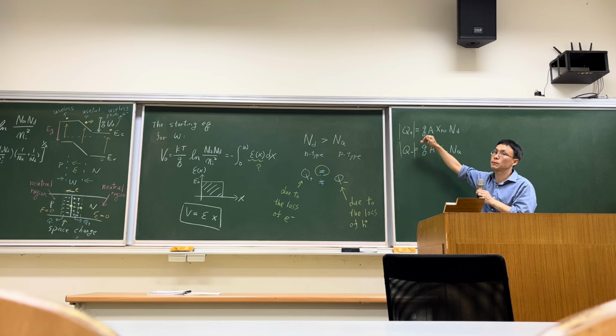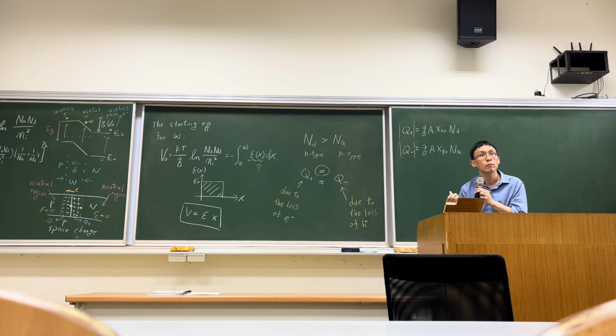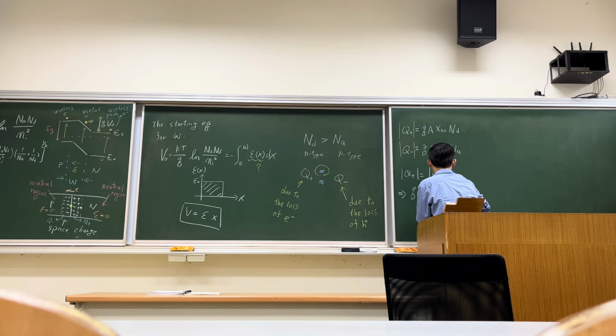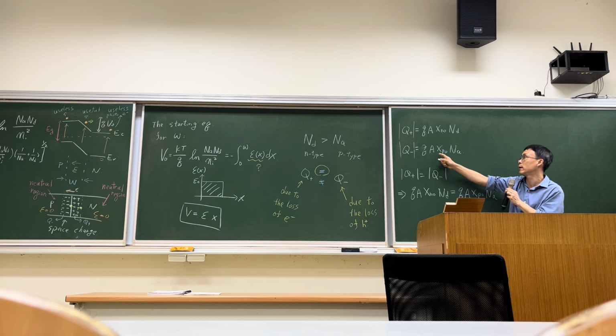One is negative, one is positive, but I'm looking for the absolute value, not the sign, right? Because you know Q plus equals Q minus, you can have q A x_n0 N_D equal to q A x_p0 N_A. Right, what are x_n0 and x_p0?